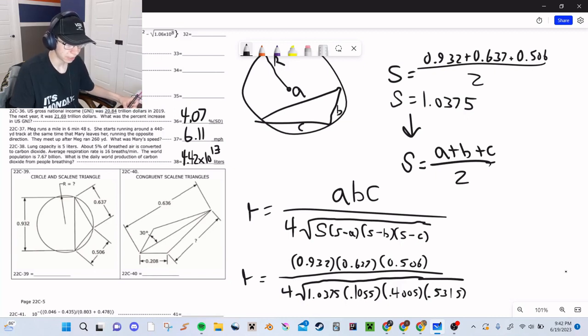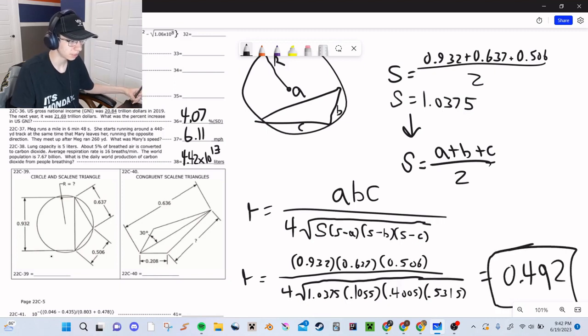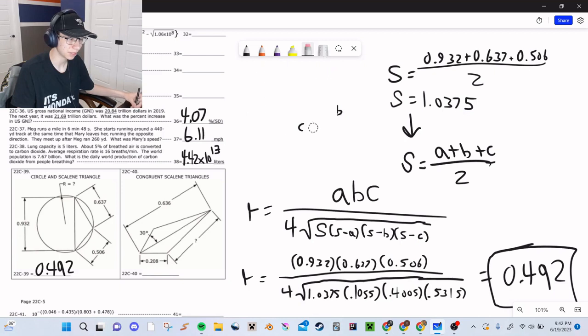So I get my radius is 0.942492. I might have misspoken right there.